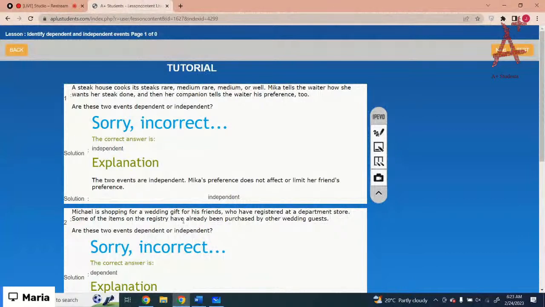Are these two events dependent or independent? You have two events: Mika tells about her steak, and her companion tells about his steak. So they are independent events. Got it? Mika's preference does not affect or limit her friend's preferences. So they are independent events. Got it?